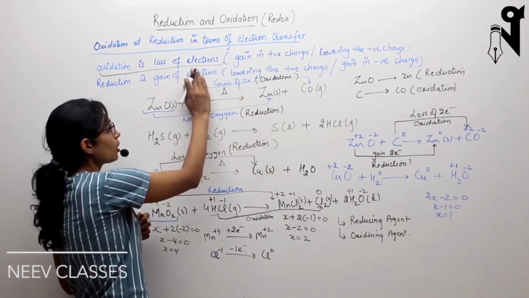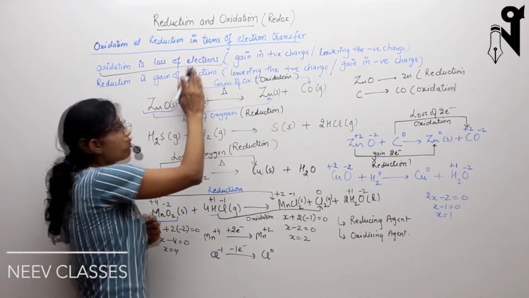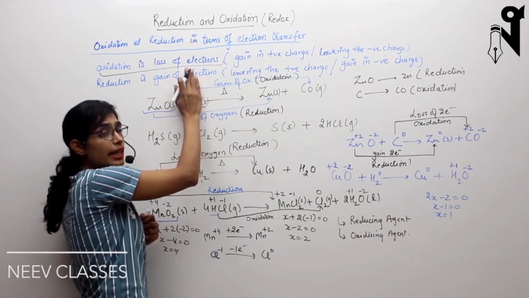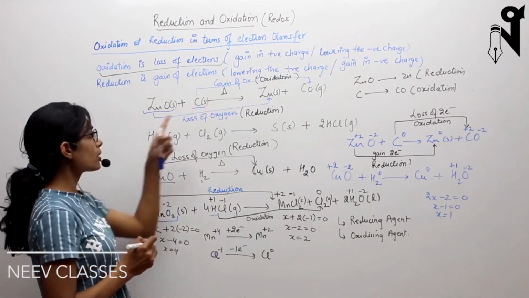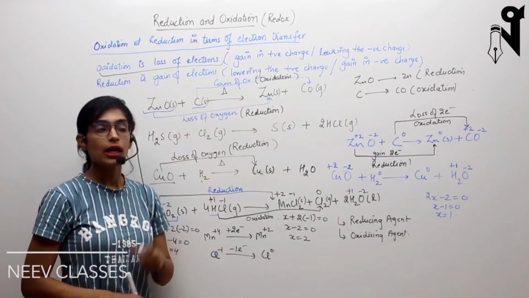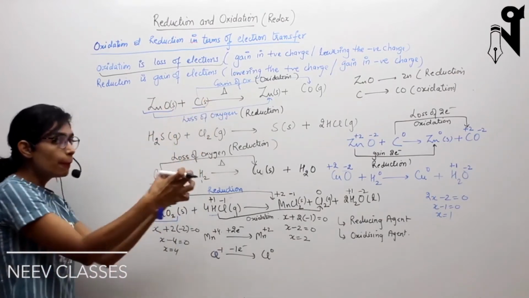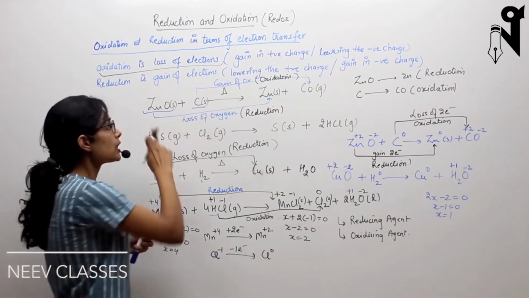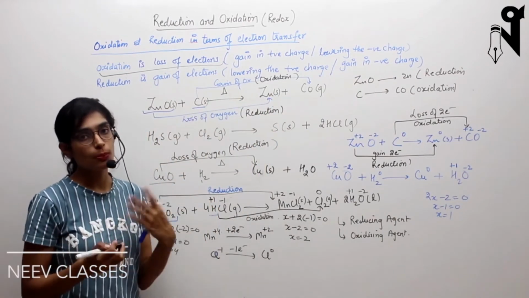If there wouldn't be carbon over here, could zinc oxide become zinc? No. Was it possible for zinc oxide to become zinc? No. So which element helped zinc oxide to become zinc? Carbon helped. Because carbon was present and it could pull away the oxygen of zinc oxide, zinc oxide could become zinc, and reduction was possible.